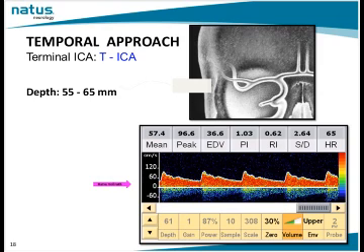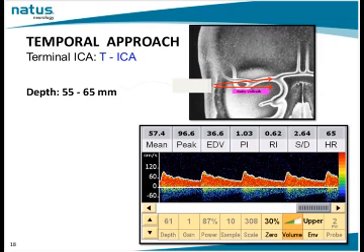Our terminal ICA is flowing toward the transducer, and I want you to note that the mean flow velocity is slightly lower than we had at the MCA, and that is to be expected. So when you are looking for your terminal ICA, return to your depth of the bifurcation, as we see here. And then you want to orient your transducer slightly inferior to pick up your terminal ICA.